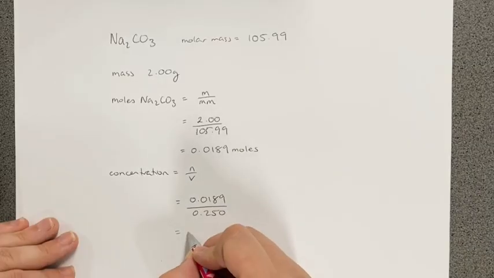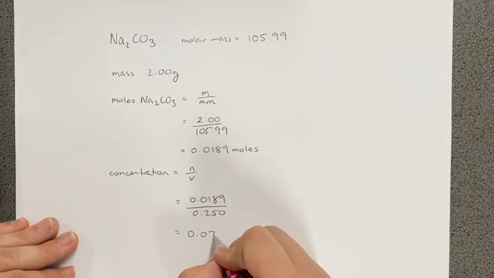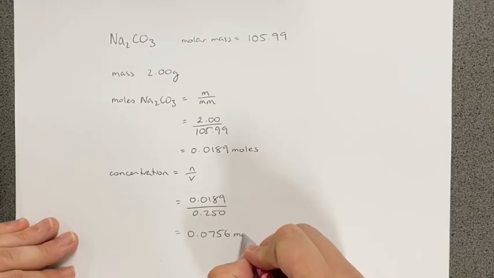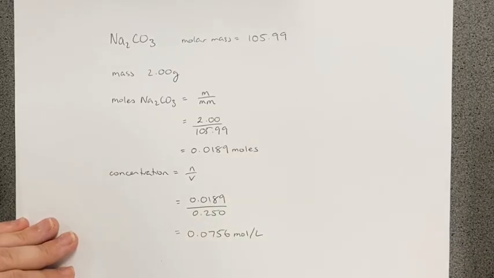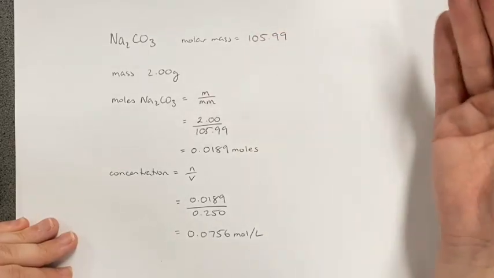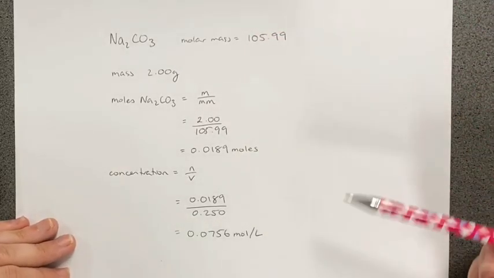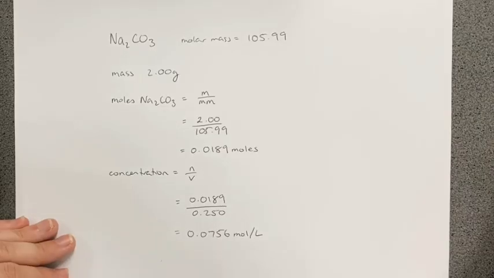And so we have 0.0756 moles per liter. Okay, and that's our concentration of sodium carbonate that we have in our primary standard. And you'll need to use these numbers as you use the primary standard to do a titration.